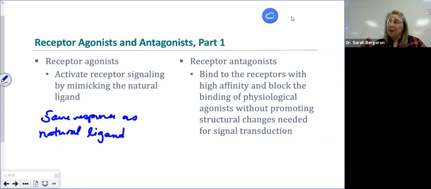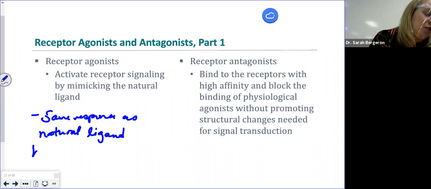Because if I induce a conformational change in the receptor, then I'm a receptor agonist. So a receptor antagonist or an agonist will bind to the receptor, but the antagonist gives no conformational change. That's the difference. This one has conformational change.